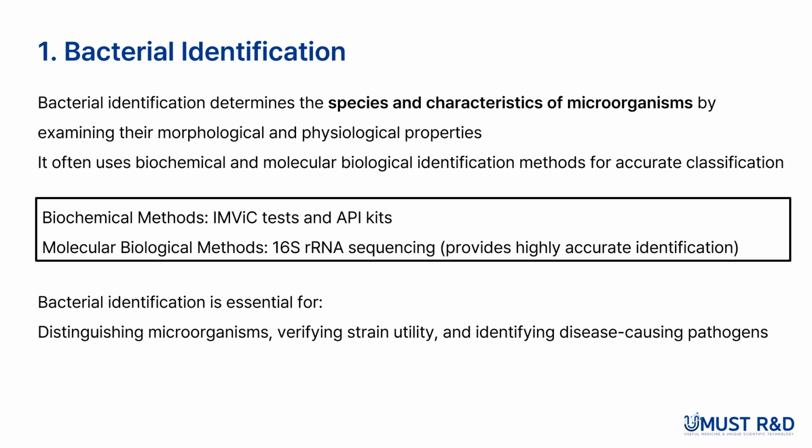Molecular biological methods, including 16S rRNA sequencing, provide highly precise bacterial identification. Bacterial identification is essential for differentiating microorganisms, verifying the authenticity or utility of bacterial strains, and identifying disease-causing pathogens, which is critical for diagnosis and treatment.